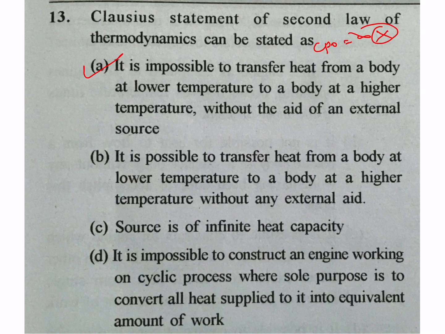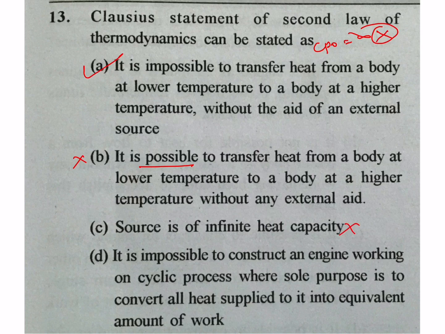The next one you can also check. It's possible to transfer heat from a body at lower temperature to a body at higher temperature without any external aid. It's possible. Source of infinite heat capacity.